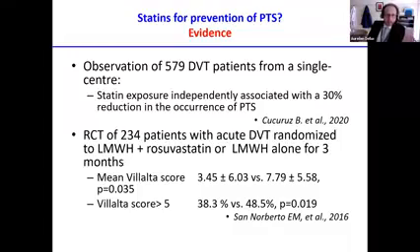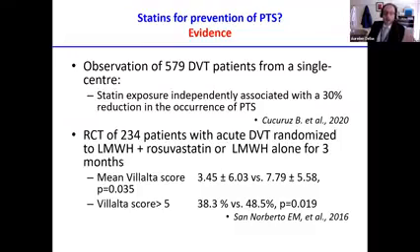There was a randomized controlled trial of 234 patients with an acute DVT who were randomized to receive low molecular weight heparin plus rosuvastatin or low molecular weight heparin alone for 3 months. So this study was not powered to demonstrate a difference between clinical outcomes in both groups.